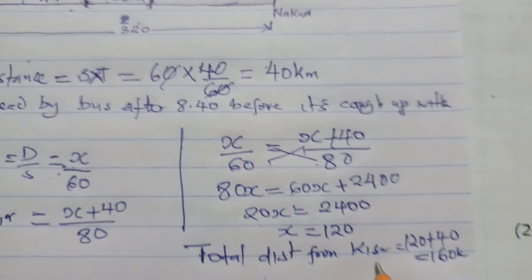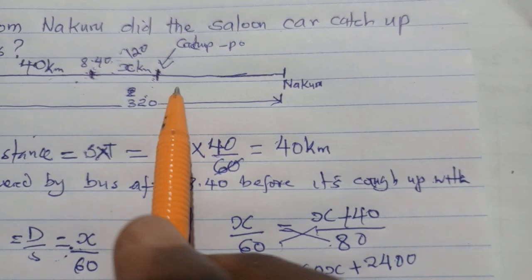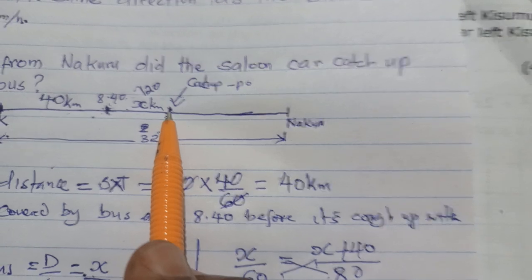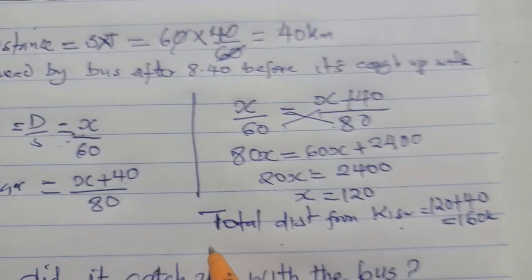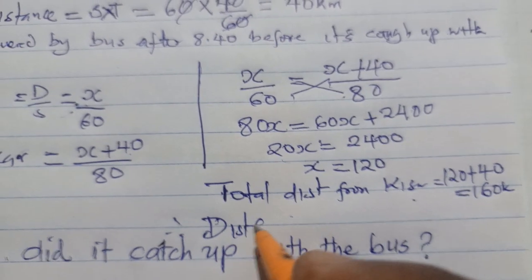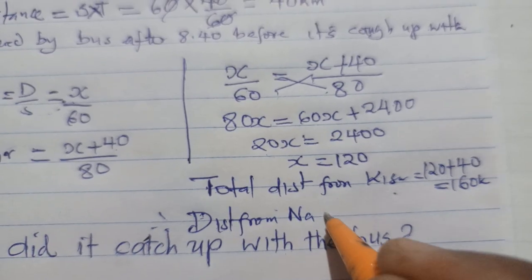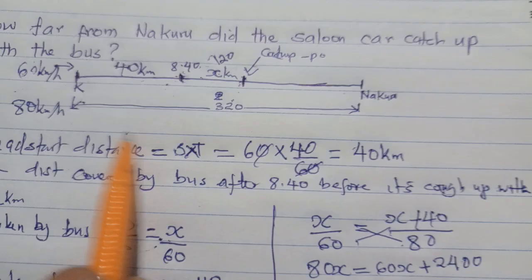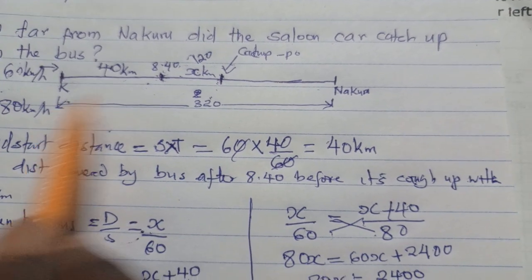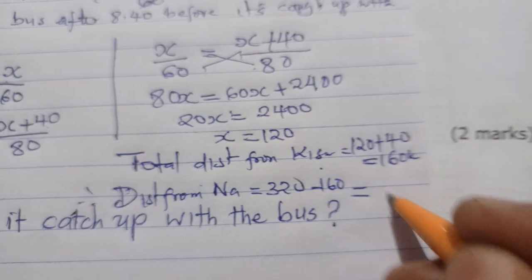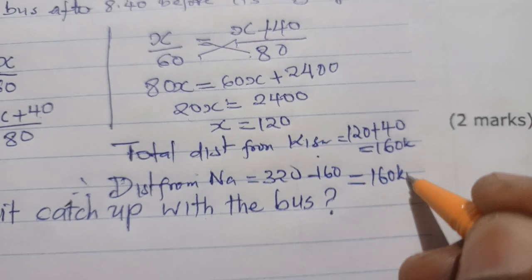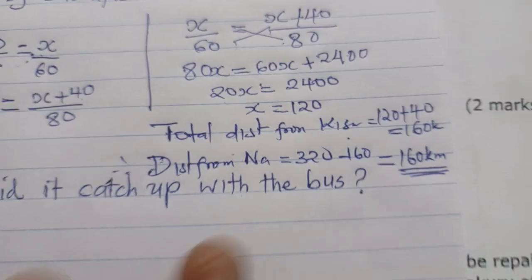That is up to the catch-up point. So the remaining distance is the distance between the catch-up point and Nakuru. How do we get it? The distance from Nakuru will be 320, which is the whole distance, minus the distance so far covered from Kisumu, so minus 160. And the answer here becomes 160 kilometers. This is the answer required there.